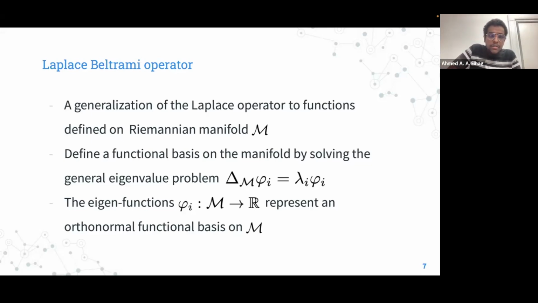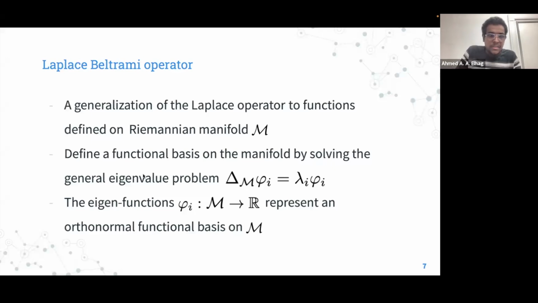So assume you have a Riemannian manifold M, and then you have this eigenvalue problem: the Laplacian of phi equals lambda phi. This eigenvalue problem defines the eigenfunctions of the Laplace-Beltrami operator. So every eigenfunction assigns a scalar to your points over the manifold M.